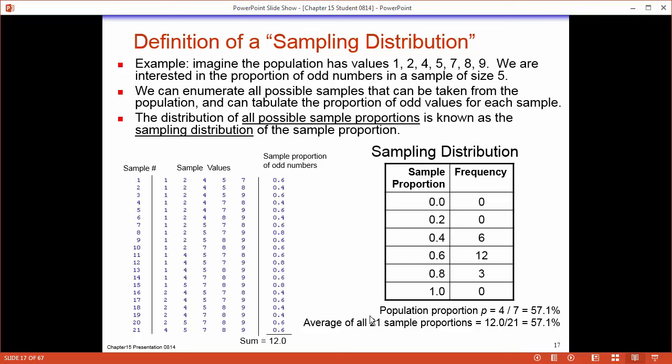So that's 4 out of 7. As it says down here, the population proportion is 4 out of 7 odd numbers. When we do the simulations, we find out that we actually get 57.1%. We actually got lucky down here and found the same proportion of odd numbers in our samples.